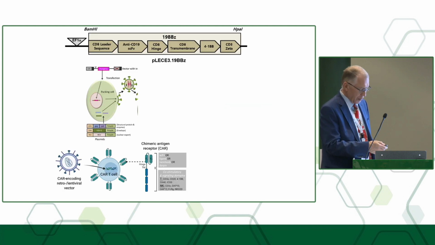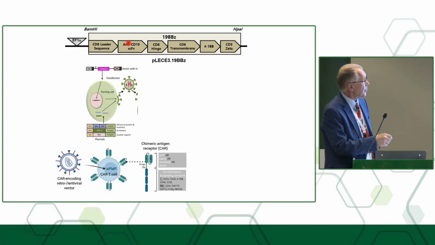This is how we produce these vectors. You need the DNA sequences of your single chain fragment, the CD19, you need a hinge, you need these co-stimulatory molecules, the CD3 zeta chain from the T cell receptor. You pack it into packaging cells, and these packaging cells make a lentiviral product, a virus.